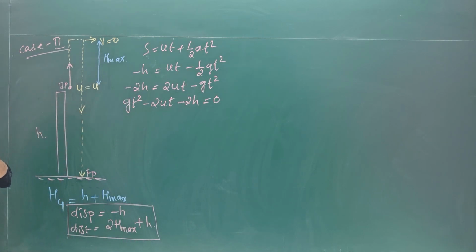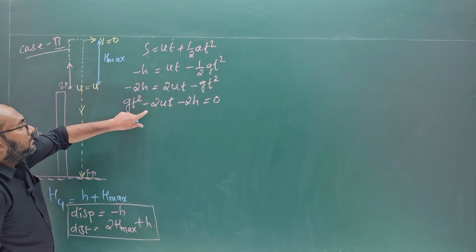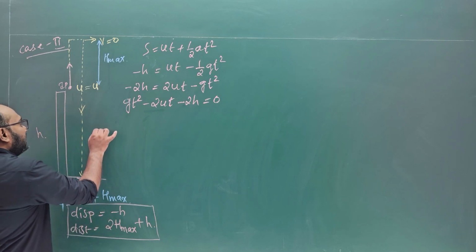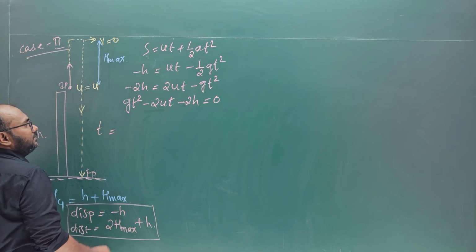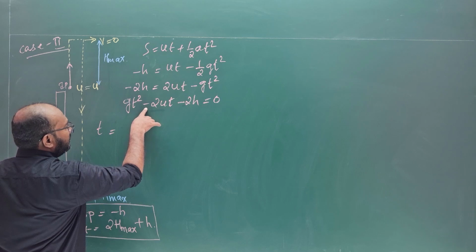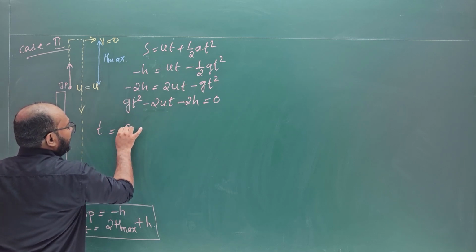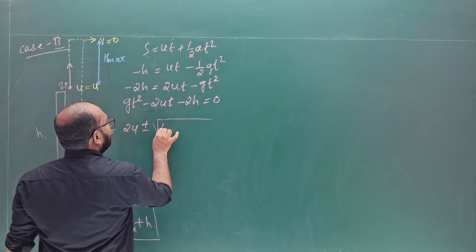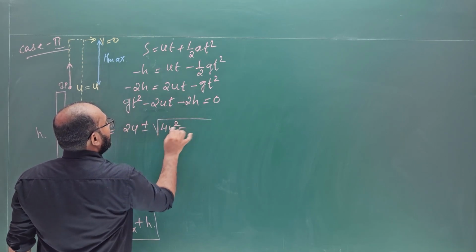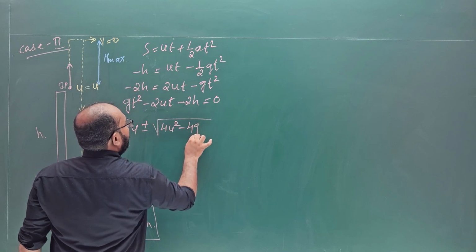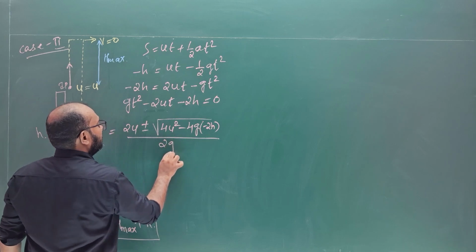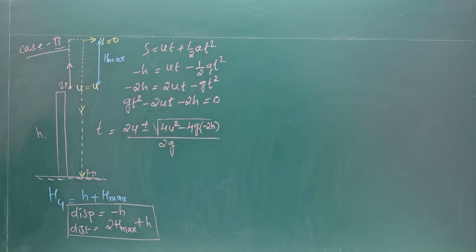Now, quadratic equation. a value is g, b value is minus 2u, and c value is minus 2h. Substituting in the quadratic formula and calculating for the time, it becomes minus of minus 2u, that means 2u, plus or minus under the root of b square, that is 4u square, minus 4ac. Can I write like this?